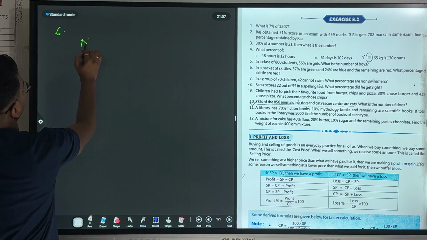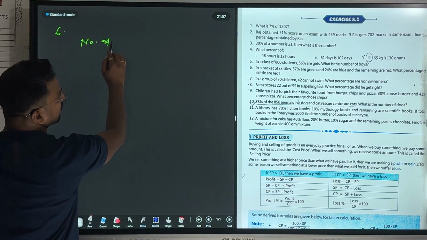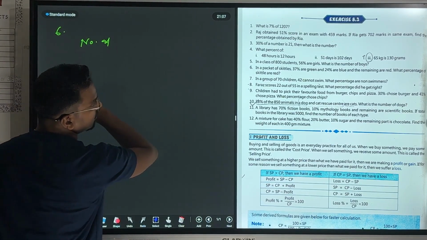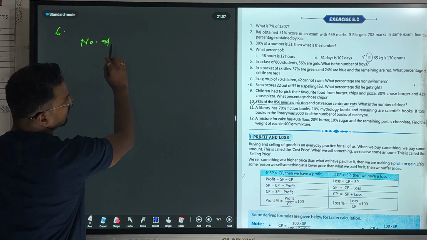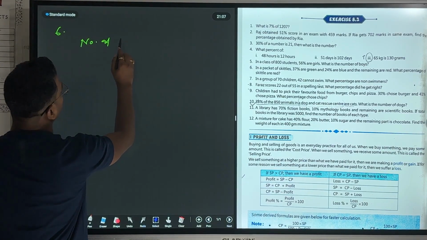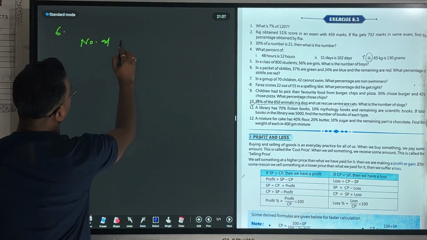Question number 6. What is a Skittle? I don't know the meaning of Skittle.